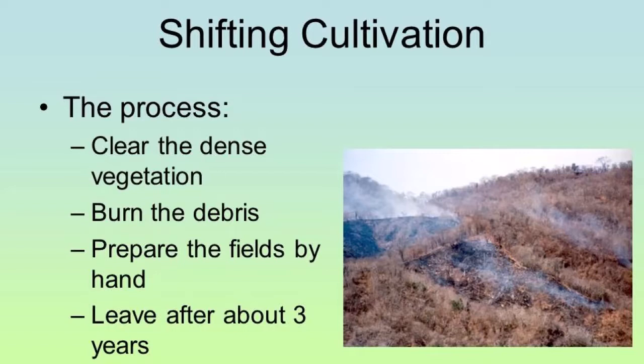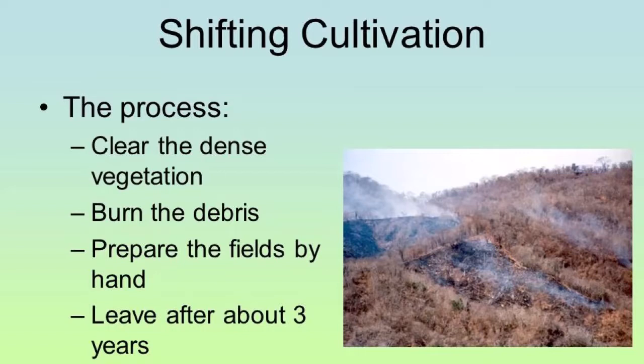The farming methods are primitive. After about 2 to 3 years, the soil loses its fertility and becomes unproductive. Then the farmer shifts to another patch of forest. This method is called slash and burn agriculture.